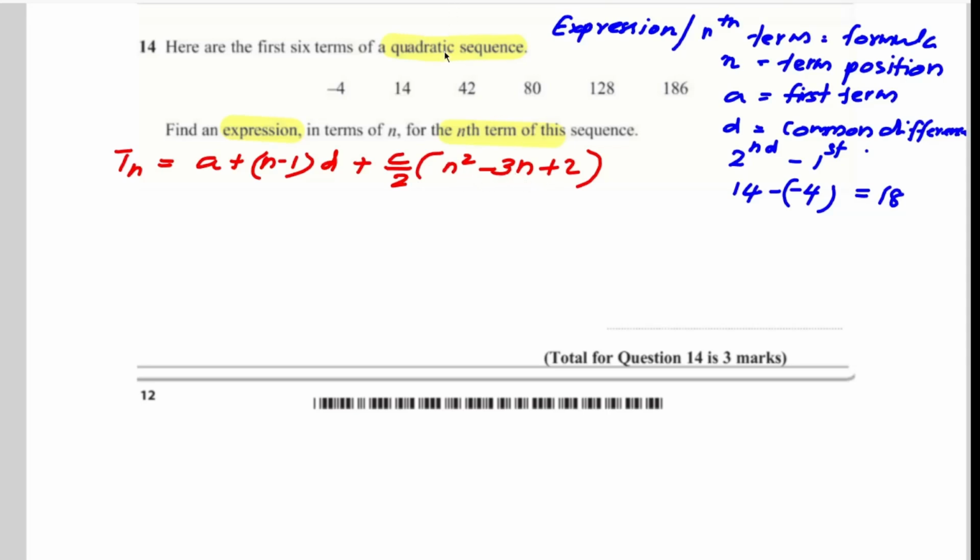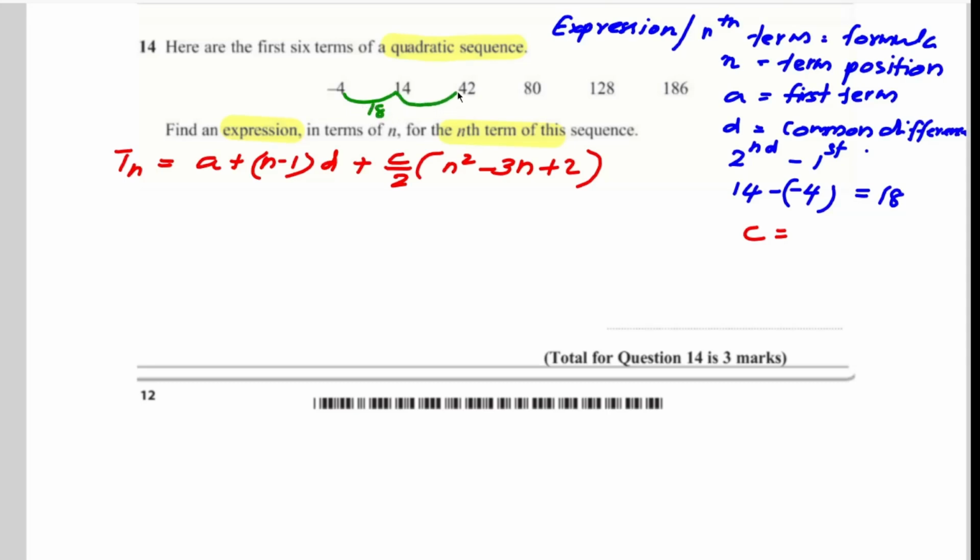Let's see what this c is. So if I get this common difference, we got it as 18, right?